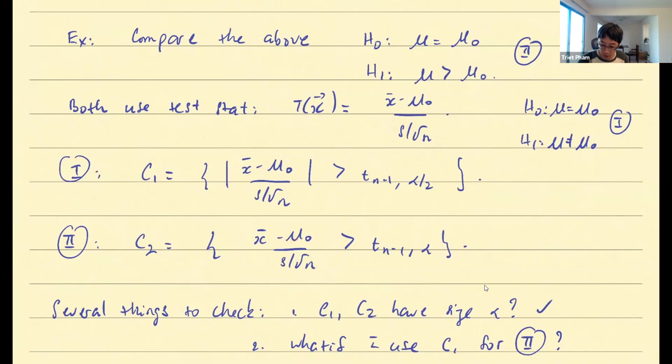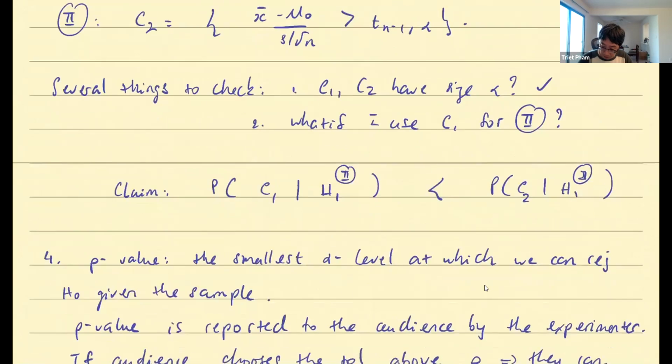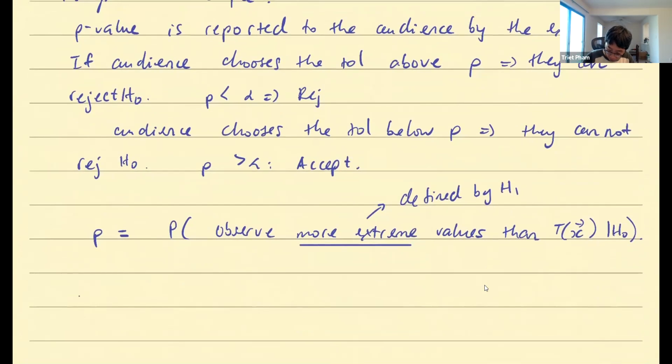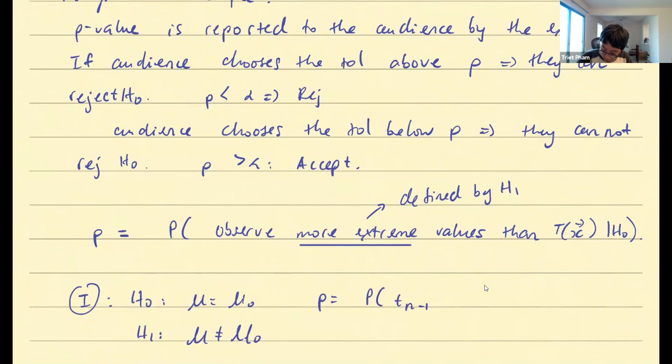Sorry, in the absolute value. Because the null is that mu equals mu naught, and the alternative is mu is not equal to mu naught, the p-value would be the probability that you observe a more extreme value in both directions.